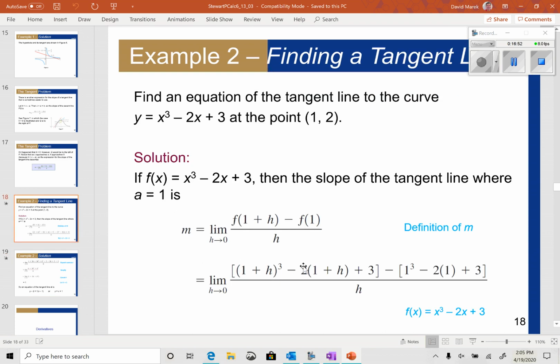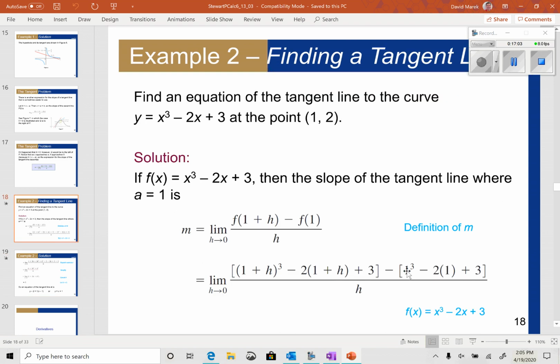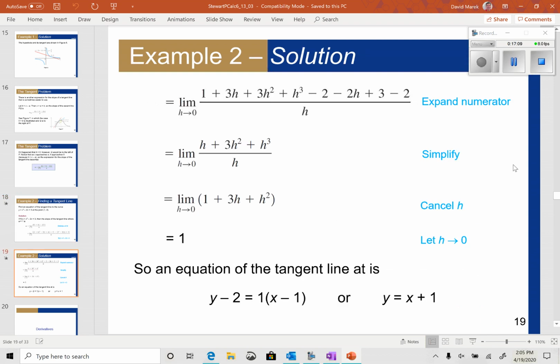Then we distribute negative 2 times 1 and negative 2 times h. That'll give us our next two terms, negative 2 minus 2h. And then 1 cubed minus 2 times 1 plus 3. That should simplify into a constant value there of 2.